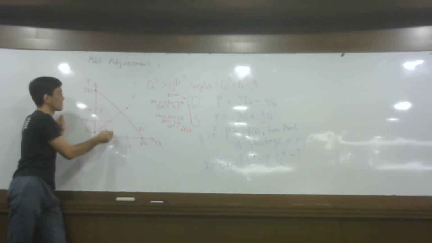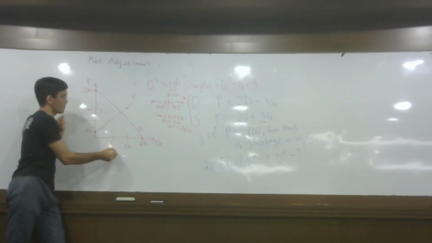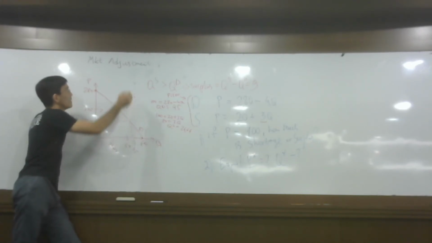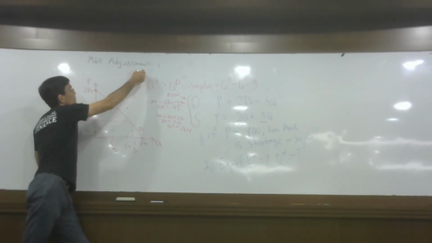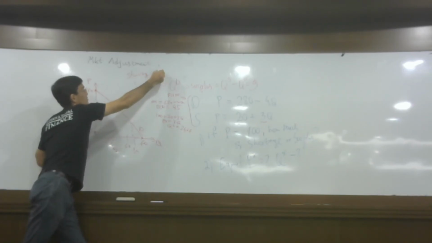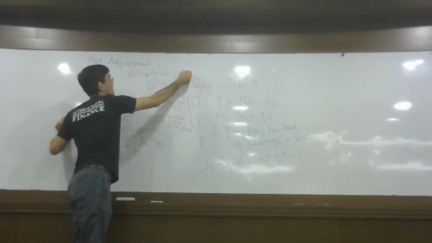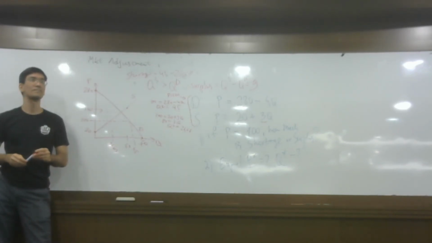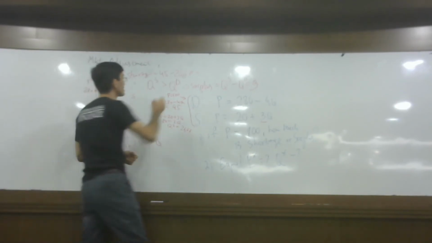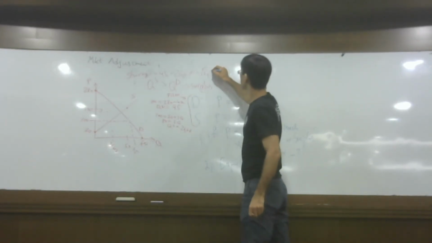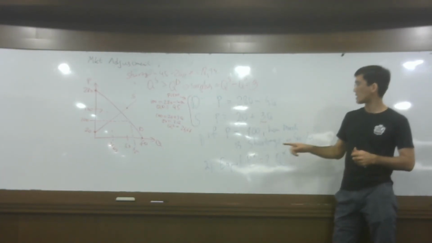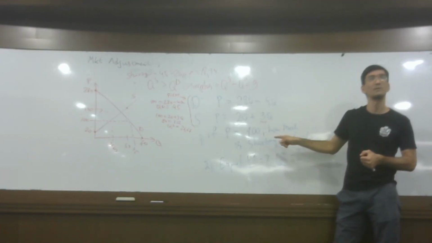So this is 26.67, this is 45, and that shortage equals 45 minus 26.67, which is 18.33. So that's the answer to the first question.